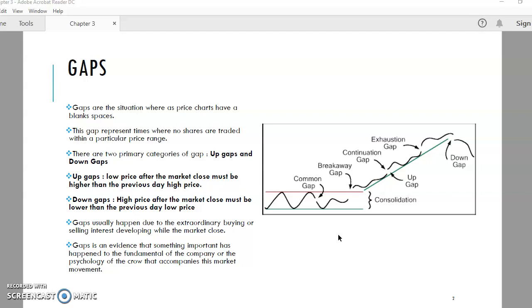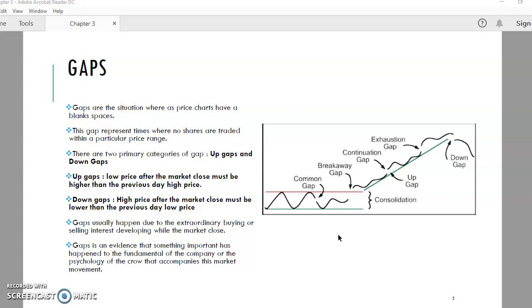Okay, a gap is evidence that something important has happened to the fundamentals of the company or to the psychology of the crowd that accompanies the market movement. For example, why can the price open higher than the previous close?